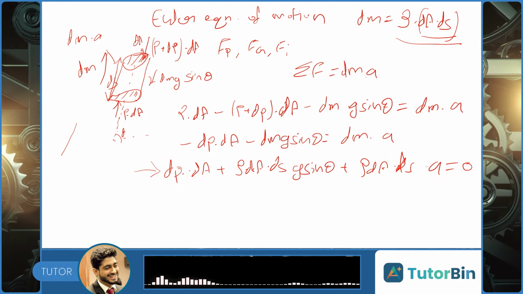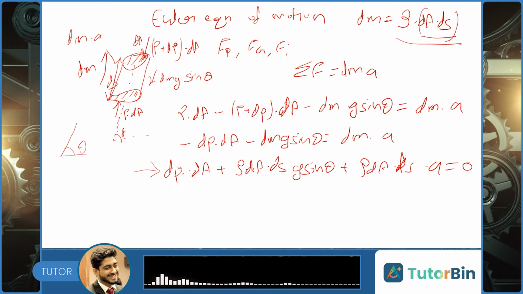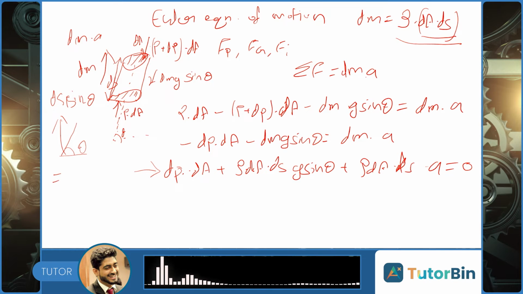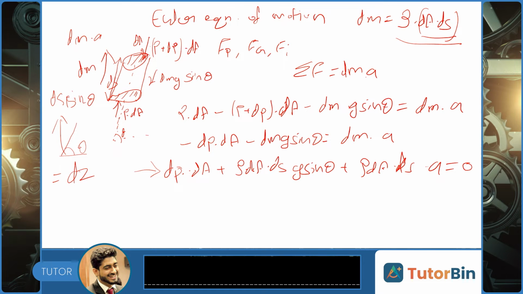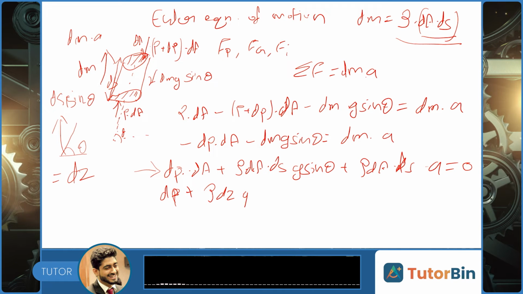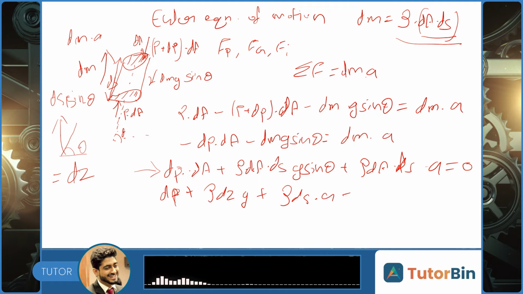Here this ds is in this direction, that is at an angle theta, and we can resolve it in the vertical direction, that is ds sine theta, which we can take as dz. And here dA is common in all the terms, so we can cancel it out, and our equation turns into dP plus rho g dz plus rho ds multiplied by acceleration equals 0.